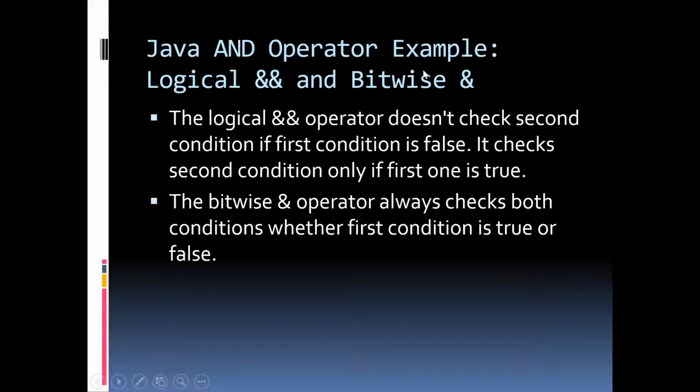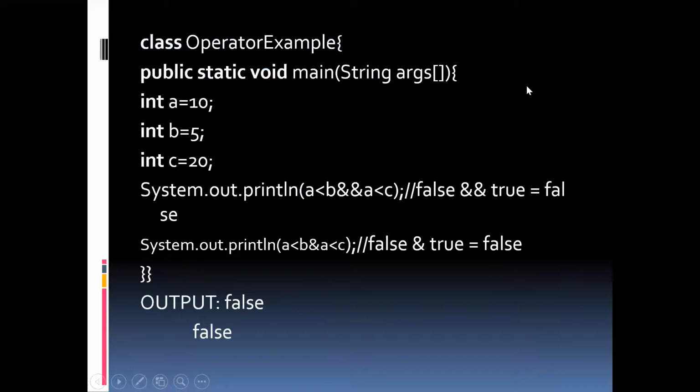But in case of bitwise AND, it always checks both the conditions, whether the first condition is true or false. You'll see here in the program. When you come to the program, here A is given 10, B is 5. We know that A is greater than 5. Now here the condition given is A less than B, and logical and, then A less than C. So A less than B is false, but it doesn't move on.